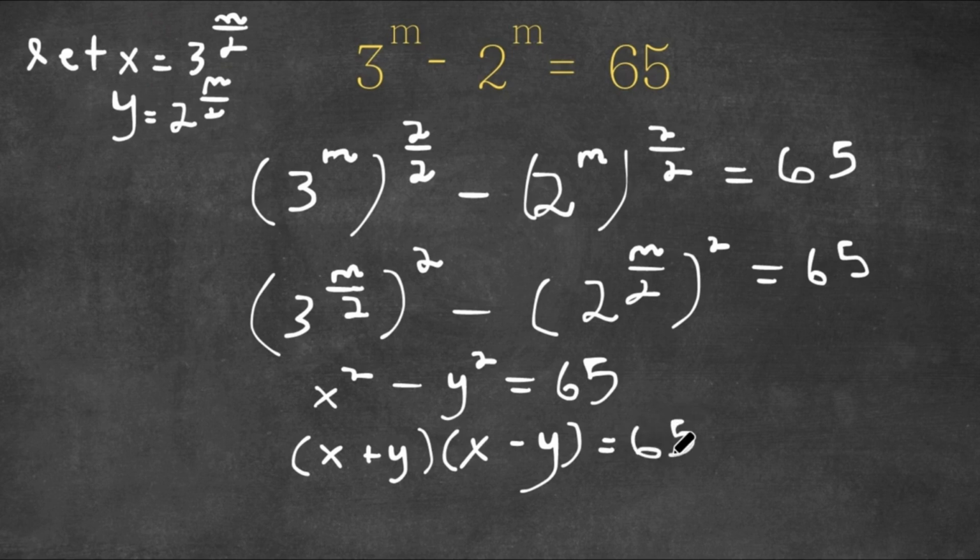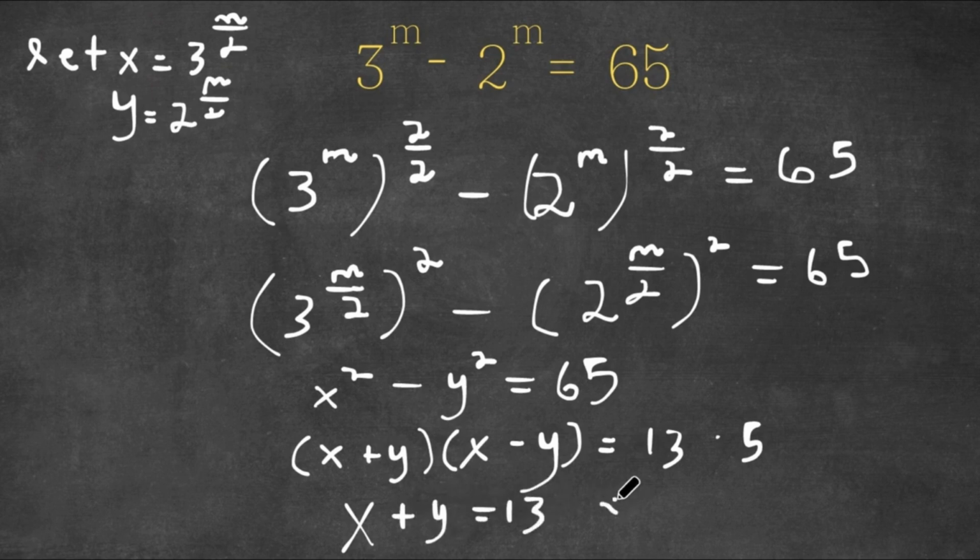So now x plus y times x minus y is equal to 13 times 5, because 65 is equal to 13 times 5, meaning we could say that x plus y is equal to 13 and x minus y is equal to 5.